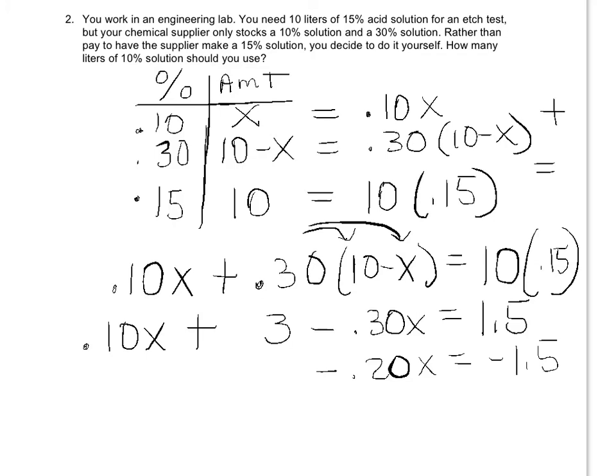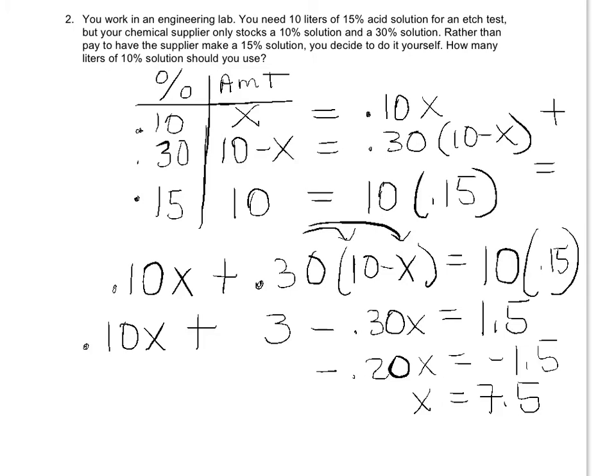Now when I divide two negatives, I'm going to end up with a positive again. What am I going to get here? I think 7.5. Okay, and if you need to go off and do that on the side or on a calculator, that's okay. But it is 7.5.